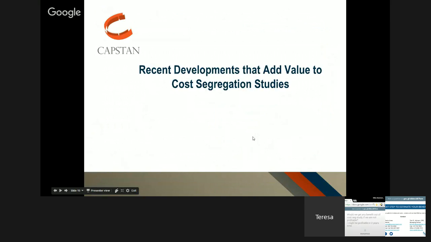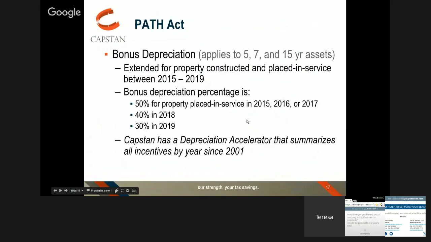Now I wanted to just talk about a couple of the recent developments that add value to a cost seg. We've been doing cost segs for years on accelerating depreciation. And in addition, since 2001, we've seen almost on an annual basis these tax incentives that come out from the federal government to kind of keep the economy motivated and moving.